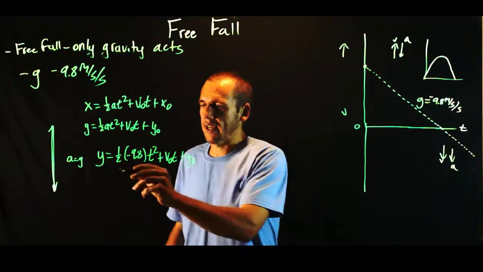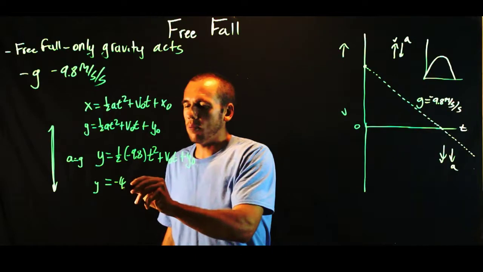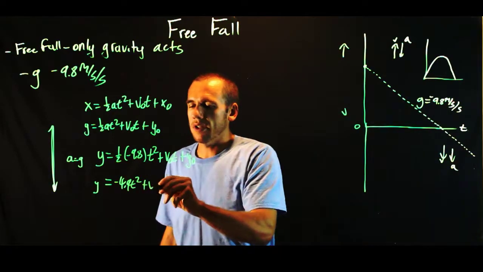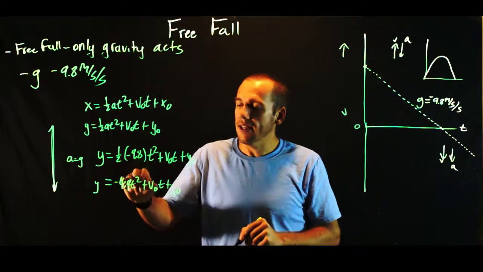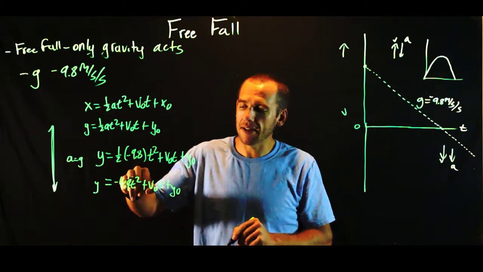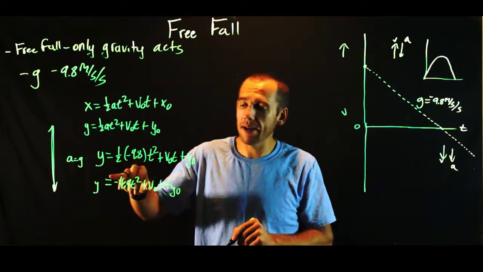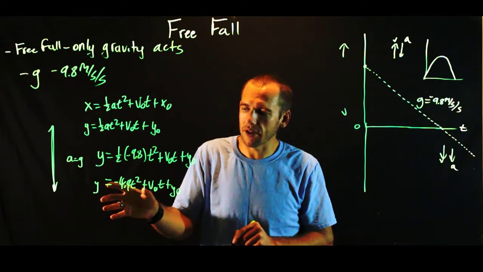Now, 1/2 of negative 9.8 is negative 4.9. So we have y equals negative 4.9 t squared plus v naught t plus y naught. That's cool because the coefficient on the time squared term tells us half the acceleration. So if we have a position-time graph, we can just look at the equation of that curve and know what our acceleration is.